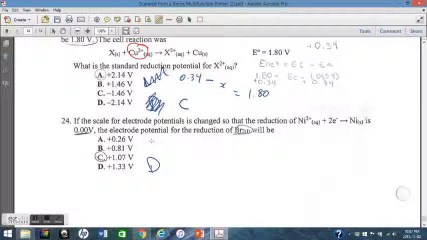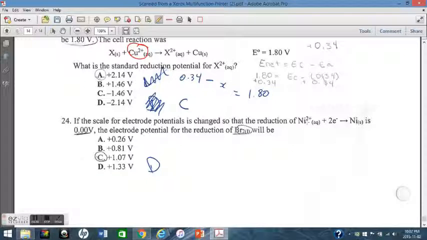Okay. In this case, we're setting nickel as 0. Nickel itself is normally, anyways, a negative number. And so now what we're looking for is the difference in electrode potential between nickel and bromine instead of between nickel and hydrogen.